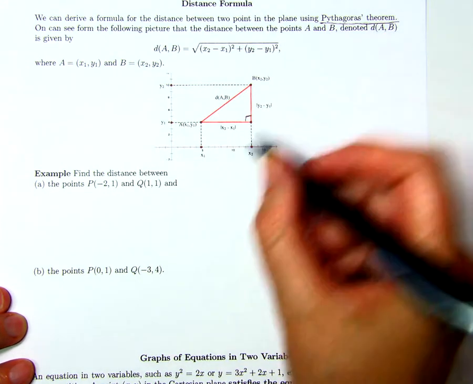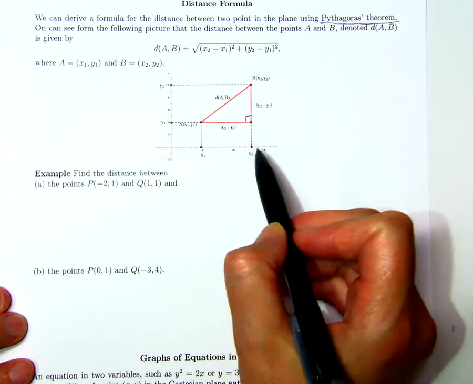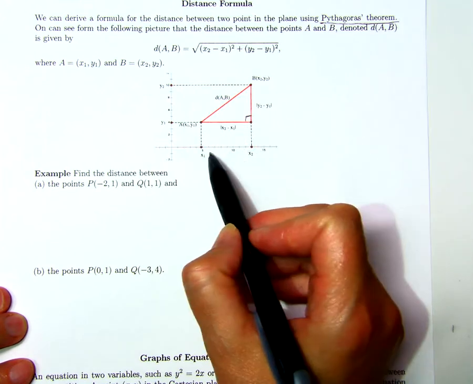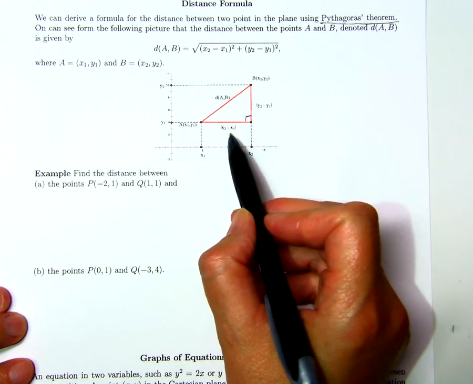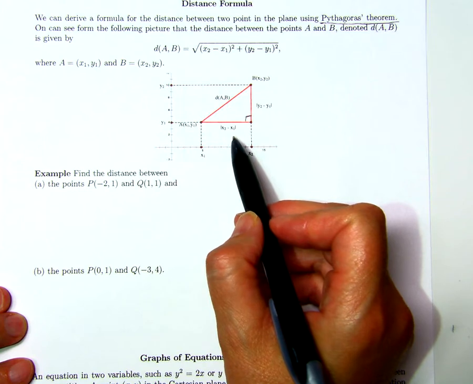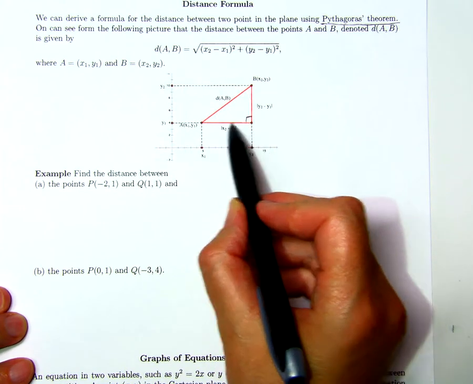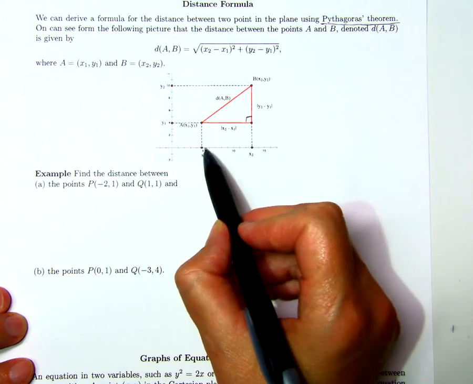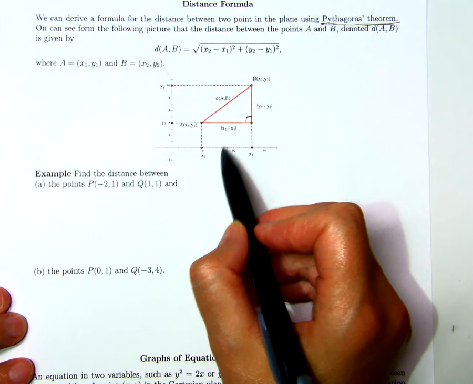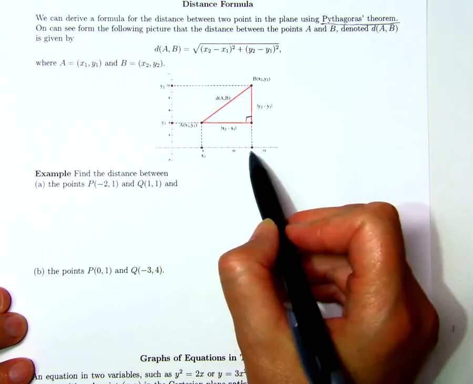And the length of this side of the triangle is the larger x value minus the smaller one. So that's the absolute value of the difference between the x values. The reason is that the side of this triangle is the same length as this line, which is parallel to it, that is the line joining x1 and x2.